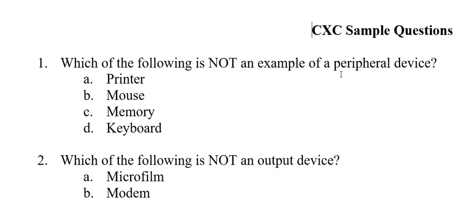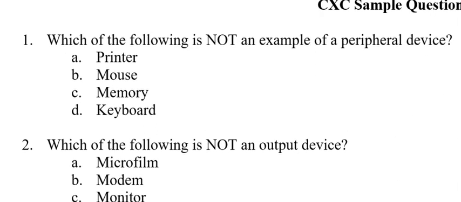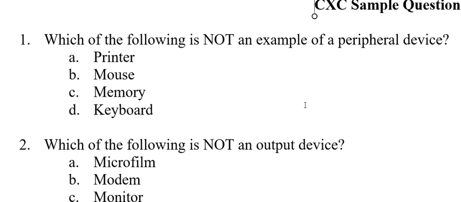Okay, the first one we have here is, which of the following is not an example of a peripheral device? Okay, first of all, we need to find out what is a peripheral device. A peripheral device is any device that is attached to the CPU.